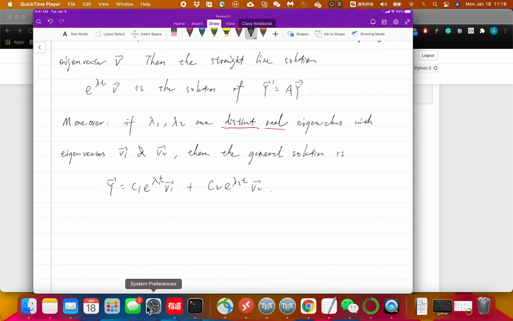So straight line solution is great. Moreover, if you have enough, which means you have two distinct straight line solutions, distinct meaning linearly independent, then you already know the general solution because you already have two.